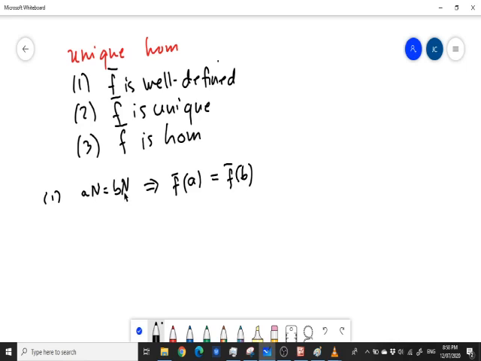So if we have two elements a and b which belong to the same coset, we have to show that they have the same image under f bar. So what does it mean?